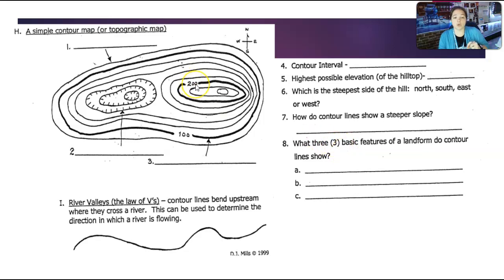It shows the elevation. It can show the shape of whatever it is you're looking at. It'll show the shape based on these lines. And also the steepness of gradient. Just double check with yours to make sure yours lines up with mine.